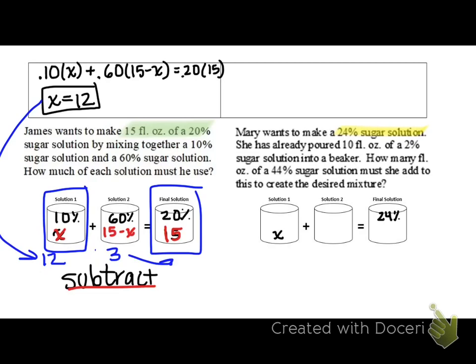She already poured 10 fluid ounces at how much? So she's telling us that she already has one part that is 10 ounces of 2%.